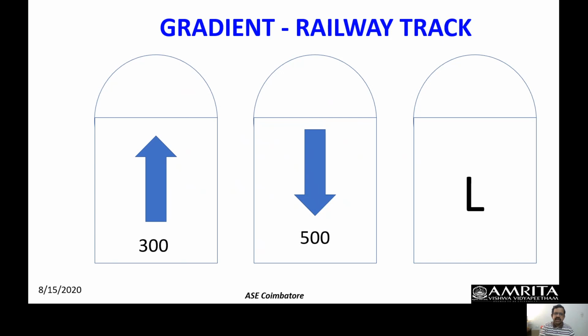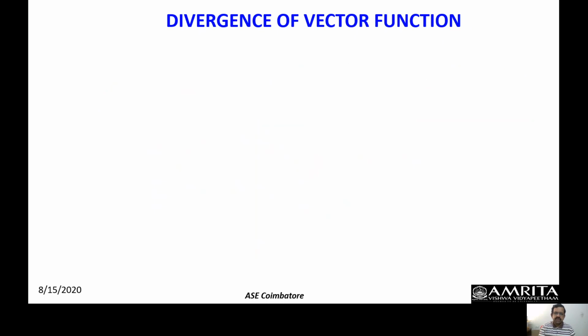So gradient is an extremely important physical quantity, and gradient can only be taken on a scalar function, and the gradient is actually a vector. So if you keep these things in mind, I think you'll be okay. Now come to divergence.